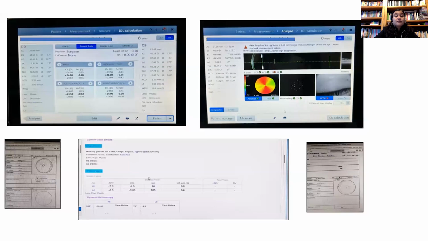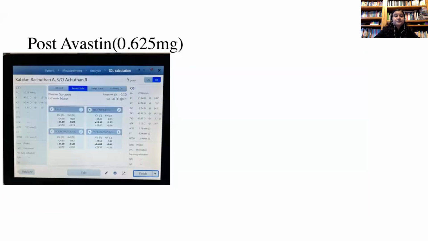Again, it doesn't correspond to a myopia of 7.5. She has high astigmatism, and in the left eye the axial length is again quite less, which doesn't correspond to the spherical equivalent. It is 21.59. The anterior chamber depth is pretty okay, and lens thickness is slightly high. It is 3.96 in the left eye and 3.86 in the right eye.